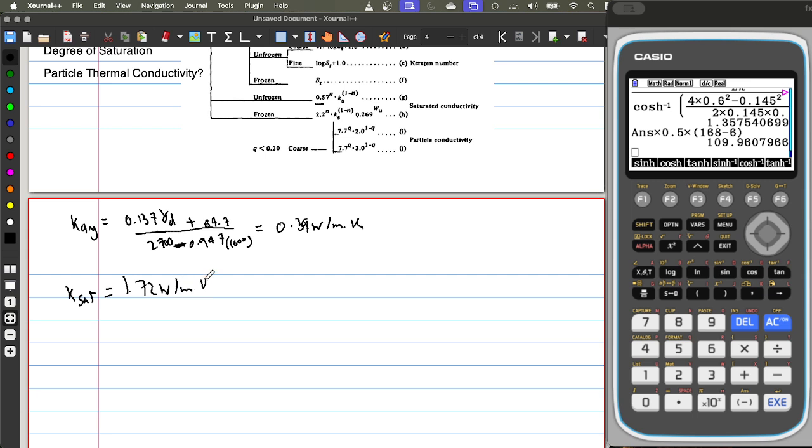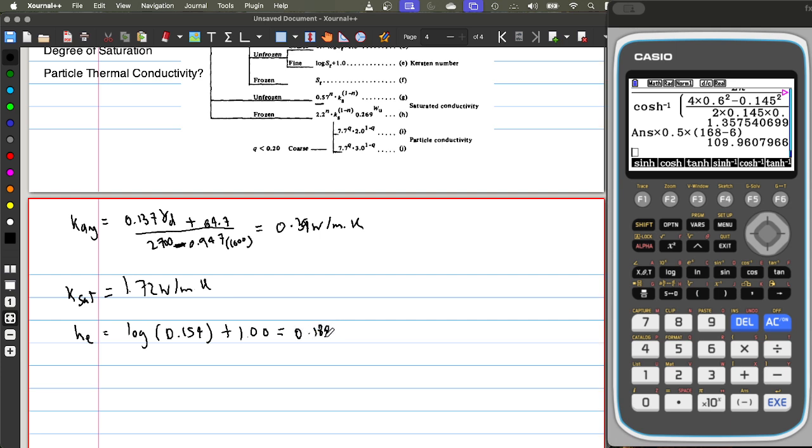And for KE, we assume that it's SR, so just log of 0.154 plus 1, and we get that it's 0.188.